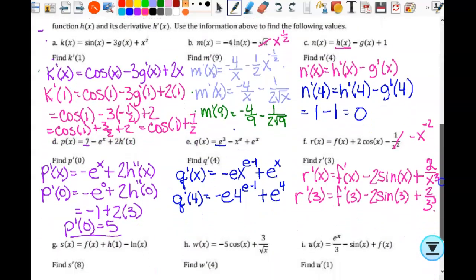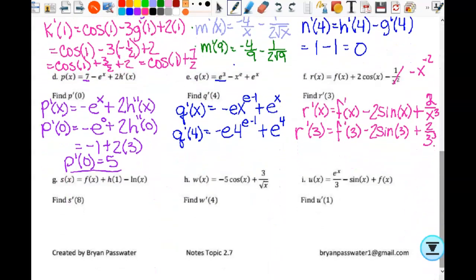So it's the cusp. Very good. So that means that r prime of 3 is undefined. Even though some of this is defined, undefined plus something that's defined doesn't matter. Okay? We good with that?